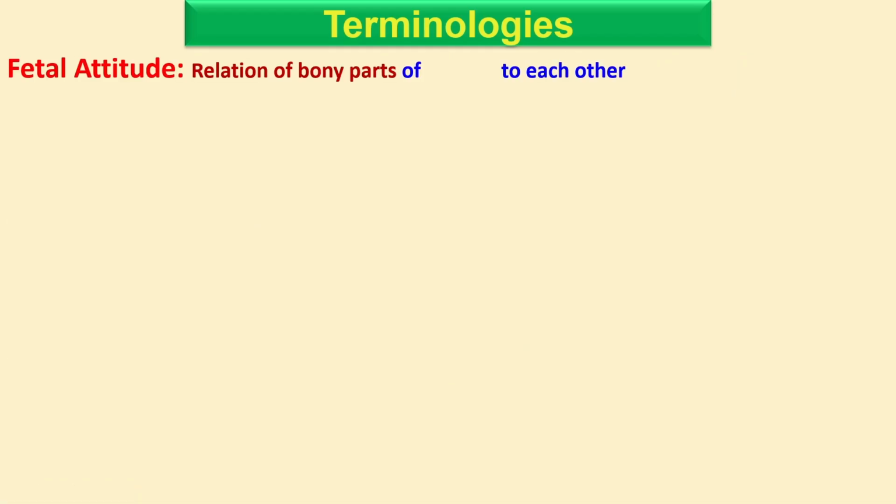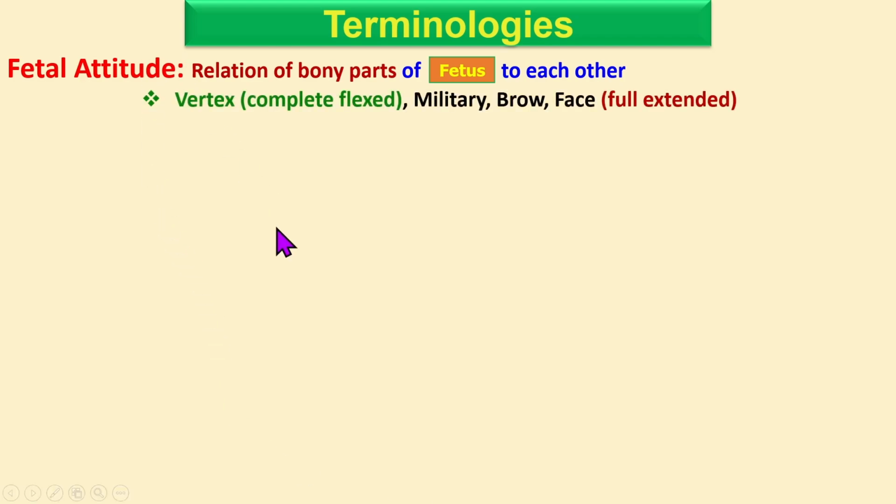Fetal attitude actually shows the relation of the bony parts of the fetus to each other. It means they show whether the bony parts are flexed or extended. For example, in the vertex presentation, the fetal attitude is flexion, meaning all the body parts are flexed. While in the other presentation, all body parts are fully extended.